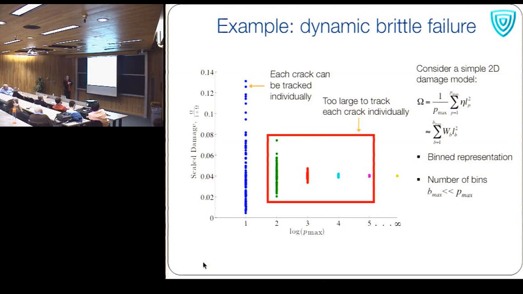Could we represent this instead by a weighted average of crack length squared over a very small number of bins? In other words, the number of bins should be much less than the number of cracks in the population. We'll save ourselves a lot of effort if we can do that.